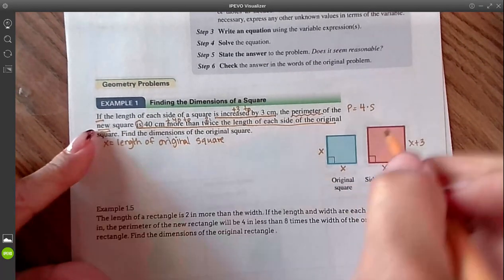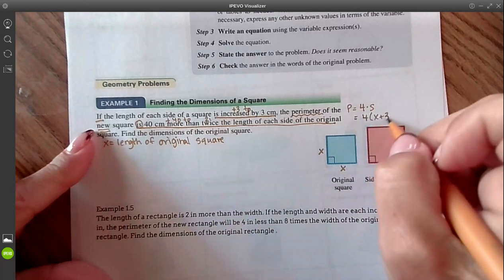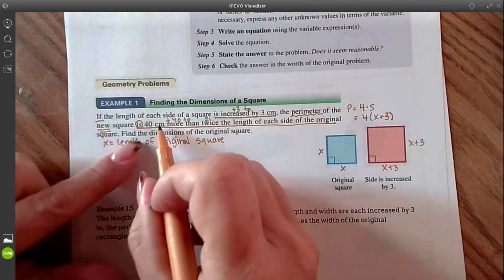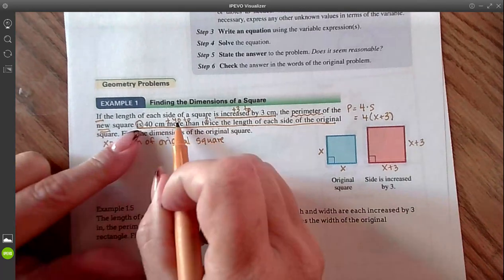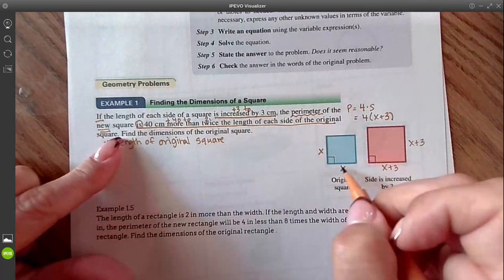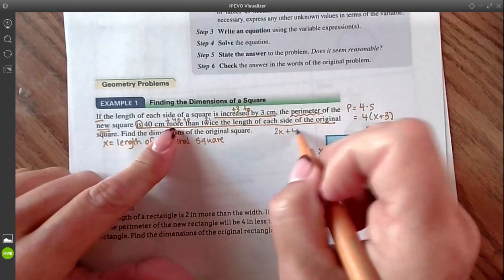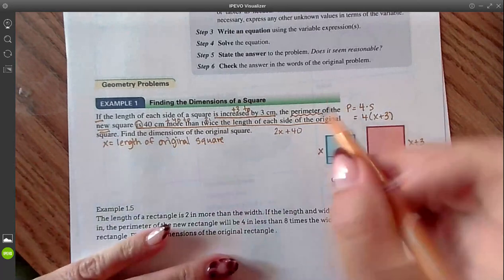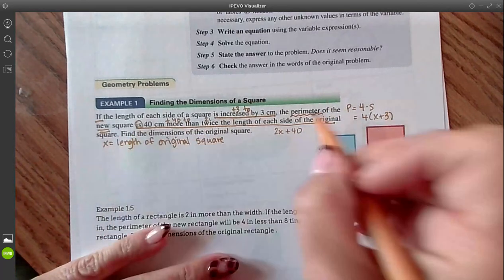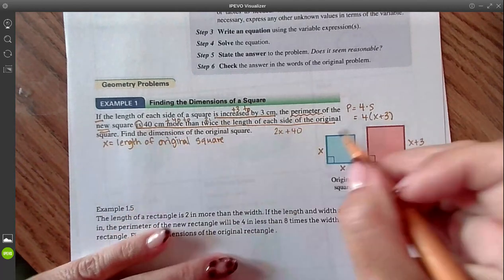So the perimeter of the new square is 4 times x plus 3. And they're telling me that that is equal to 40 more than twice the length of each side of the original square. So twice the original is 2x, and then add 40 to that. The word is means that they're equal. Perimeter of the new square is equal to 2x plus 40.